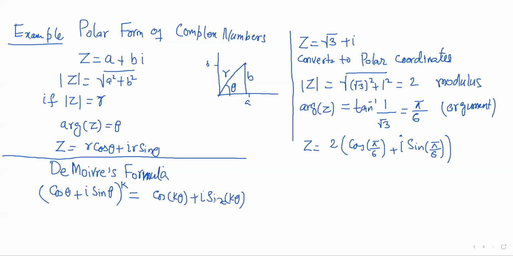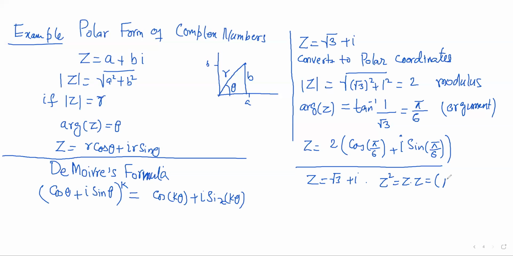We can see that it's very convenient in this case. Maybe we can apply this formula here. First, we know that if z is equal to square root of 3 plus i, and we want to find z square, that means z times z.